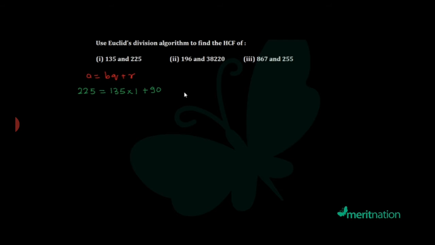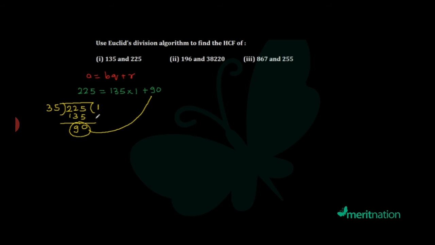I'll just do this one division for you so that you can go ahead and relate it. So 135 will go into 225 one time, right? That's the highest quotient that you can get here, and in return we are left with 90 as the remainder, isn't it? So this is what I've written.